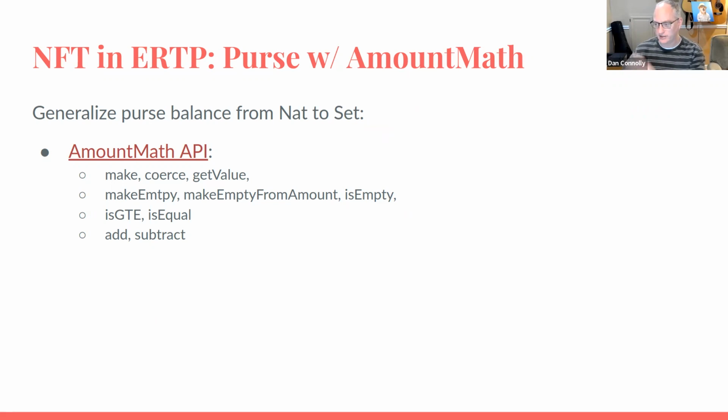So a sword and a shield is an amount. $5 is an amount. So you can have a purse holding a sword and a shield, and a purse holding $5, and you can exchange between them. These are the primitives: as long as you can do make, coerce, get value, make empty, you can compare sets. You can say which set is greater than the other if it's got all the same elements plus some more. Anyway.